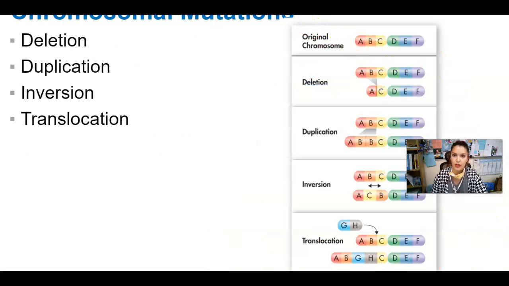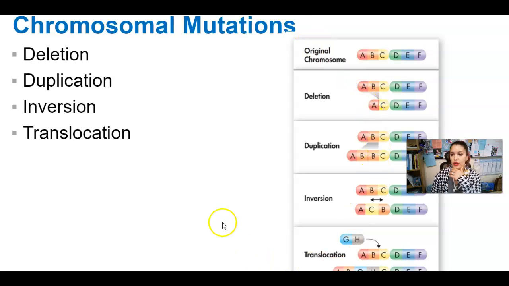Okay, so here's the other type of mutations, chromosomal. Chromosomal mutations typically will happen during mitosis and meiosis, and you'll see deletion, duplication, inversion, and translocation in this chapter. So the original chromosome looks like that. Sorry guys, it's been a long day, I'm super tired. Deletion would cause a segment to be deleted.